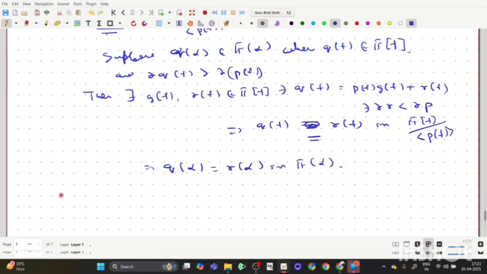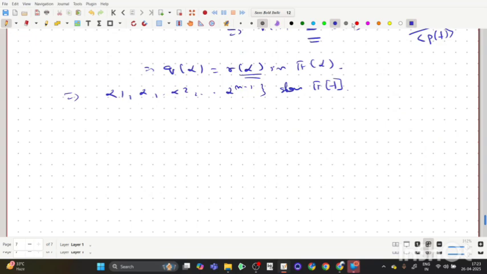Therefore, r can be any arbitrary polynomial with degree less than the degree of p. That implies 1, alpha, alpha squared, till alpha to the power n minus 1 spans F(alpha). It's a very trivial observation, and the linear independence of this is also very easy to observe.